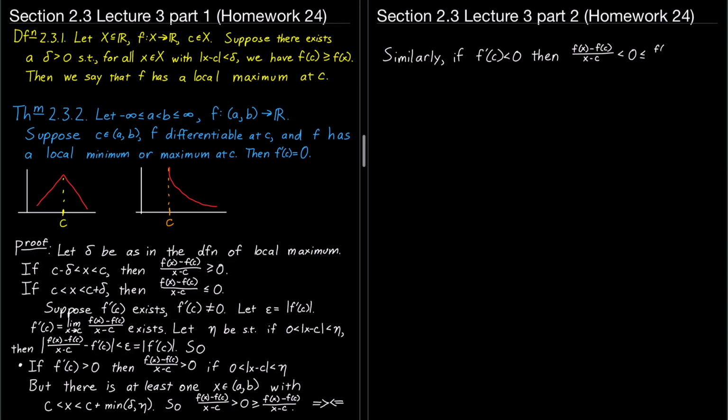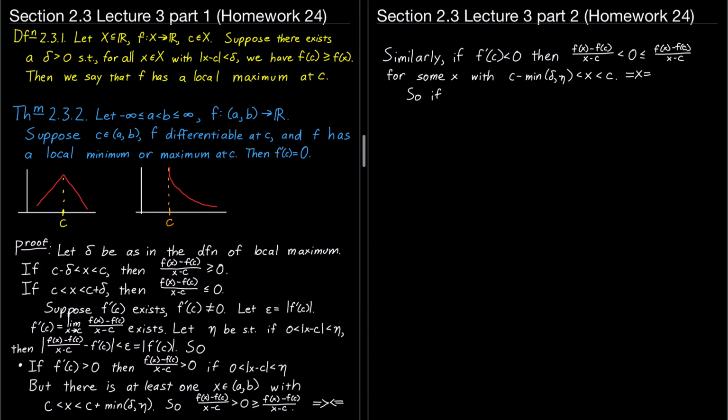But this difference quotient has to be positive for some x with c minus whichever is smaller, delta or eta, less than x less than c, and that's also a contradiction.